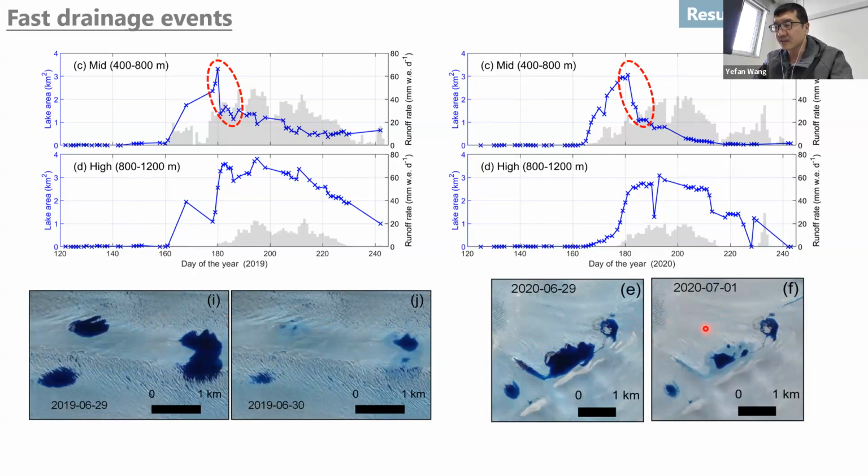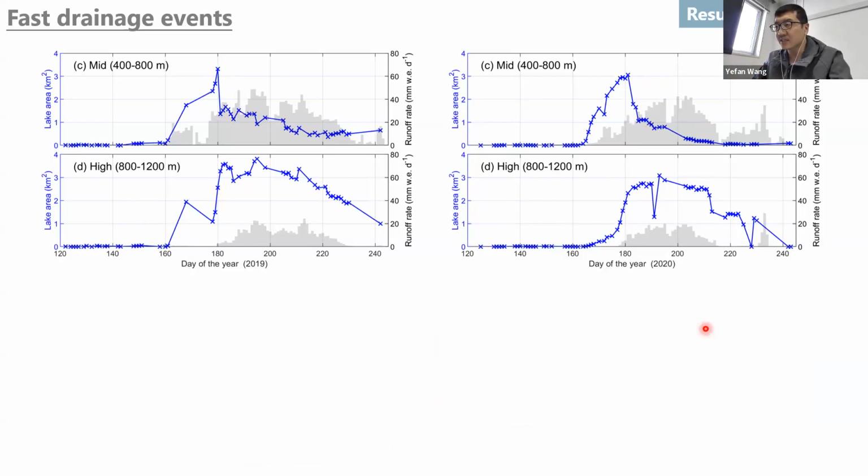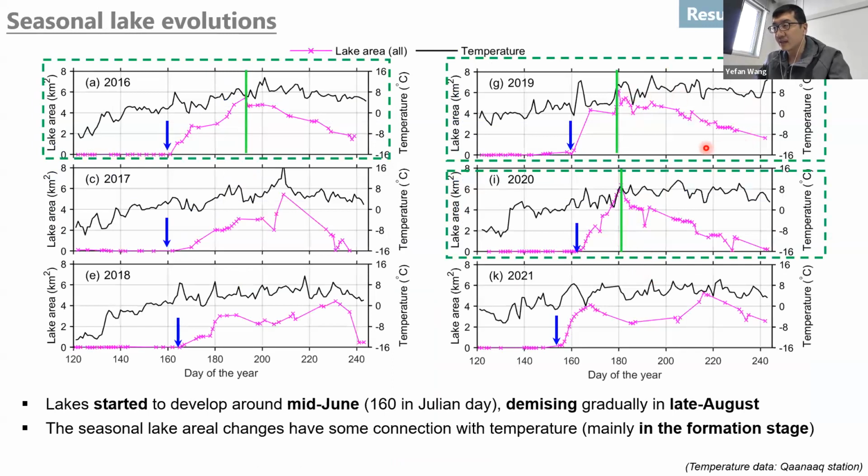So I think for these reasons, the moulins under these supraglacial lakes open, so the waters just go into the englacial environment. So the waters can't be stored in the lake. Even if the temperature increases and more meltwater accumulates there, it can't be stored. So that can explain why these lake areas do not vary with the temperatures.